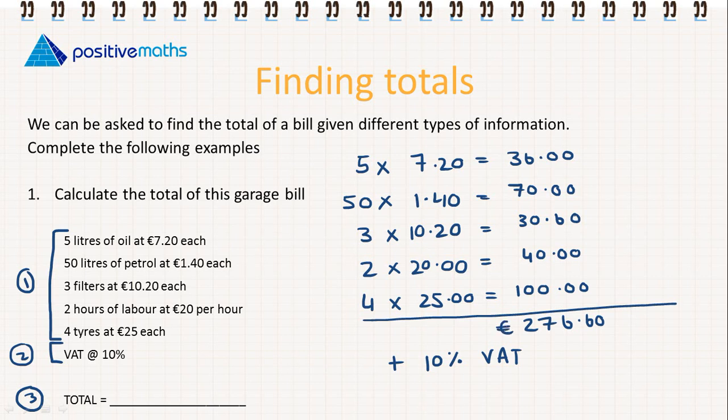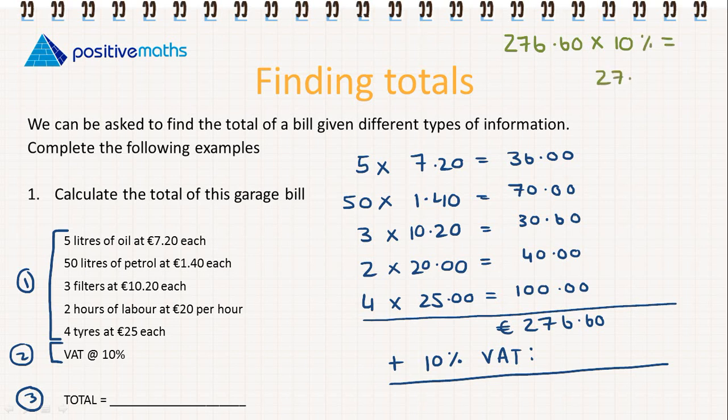Now we have to add on the 10% VAT. So we have to calculate 10% of $276.60. I'm just going to do this up here where I have a bit of room. So $276.60 multiplied by 10%, we get $27.66.